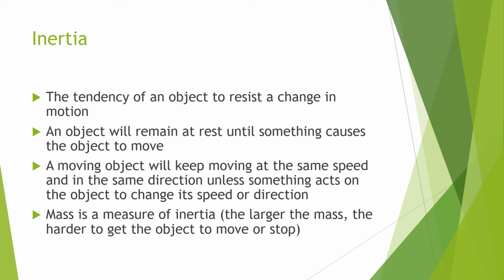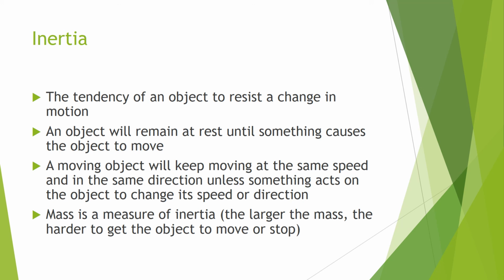So if a cup is sitting still on a table, it's not going to move unless there's a force behind it that causes it to move. If a soccer ball is kicked, it's not going to change directions or speeds unless a force is acting on it to do so. So, we know that things slow down because obviously things don't just keep rolling forever, but there is friction acting on it, and we'll get more into that later.